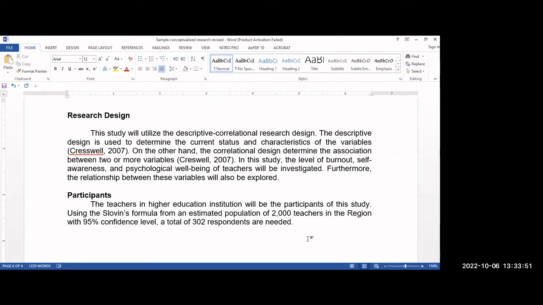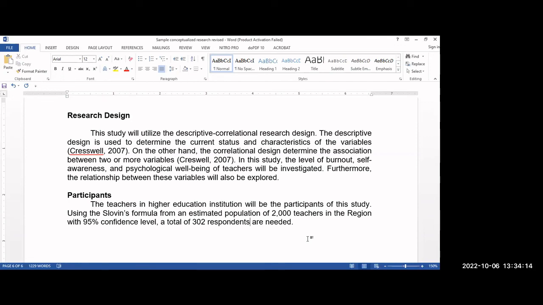There are a lot of ways to determine the sample size. You can use the census for smaller population. You can cite studies or literatures with most likely identical study as yours in the selection of participants. So you can just cite the author.